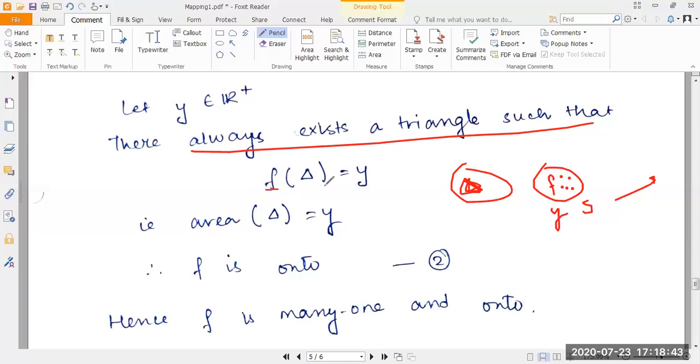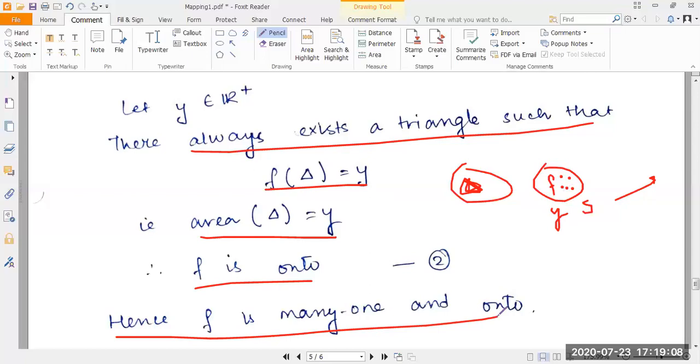So that is what I've written. The function of that triangle will be y, which essentially means that the area of the triangle will be y. So there will not exist any number which does not have a pre-image in the domain set. So by definition, f is onto. In condition 1, we explained that f is many one, and in condition 2, we explained that f is onto. So combining both of them, we can say that f is many one and onto.